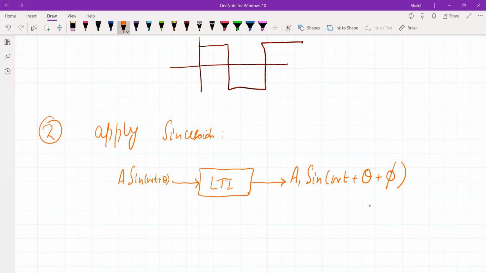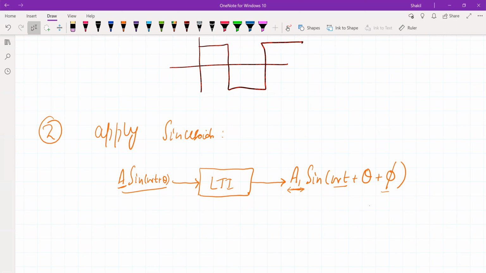So what is this LTI system doing to this input? It's not changing the frequency. You can see the frequency is the same. It's only changing the amplitude to A1, and modifying the phase. Let's not worry about the phase. Depending upon how much it changes the amplitude, it will tell you whether the sinusoid will be passed by this LTI system or not.